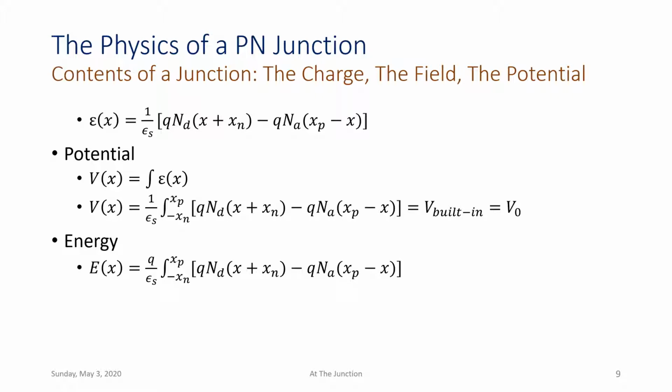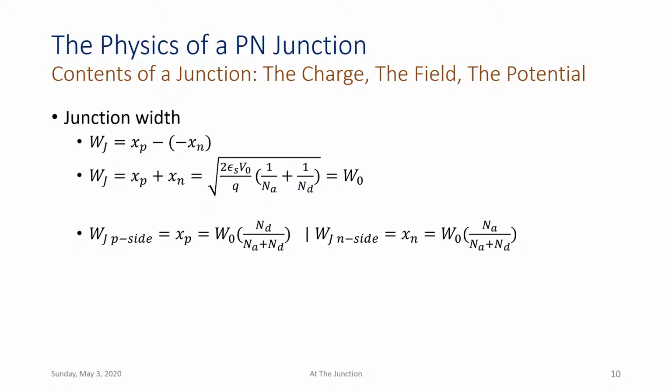Okay, so the integral of the electric field, which is the first expression on this slide, is the potential. And the expression of the potential that you see on this slide, which is V of x, is in fact the built-in potential, or V naught. And V naught times Q equals the energy, E of x, which is the last expression on this slide.